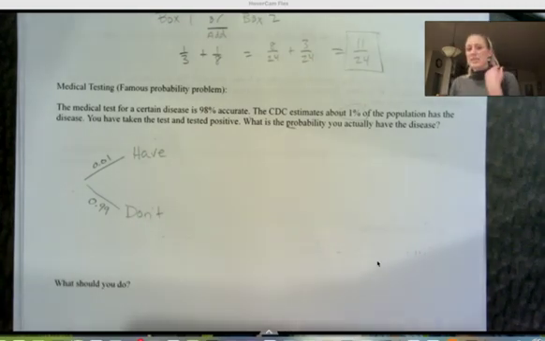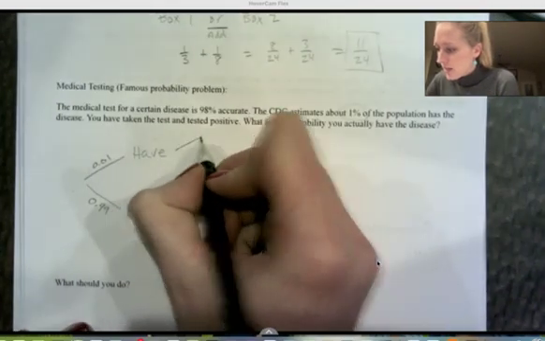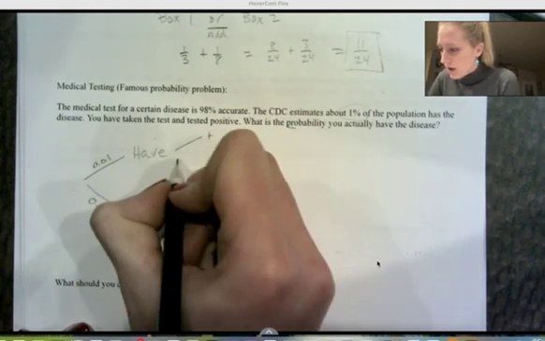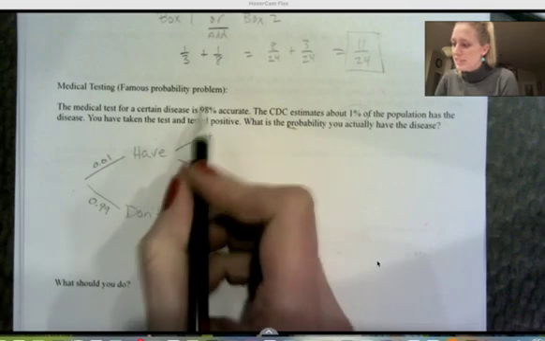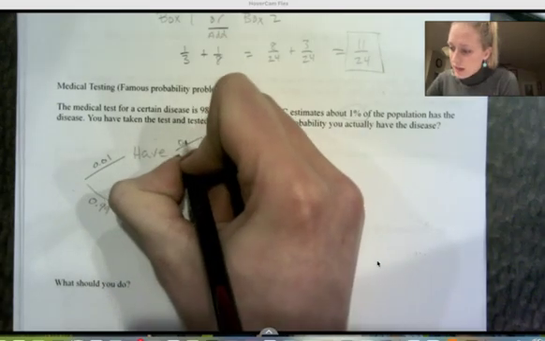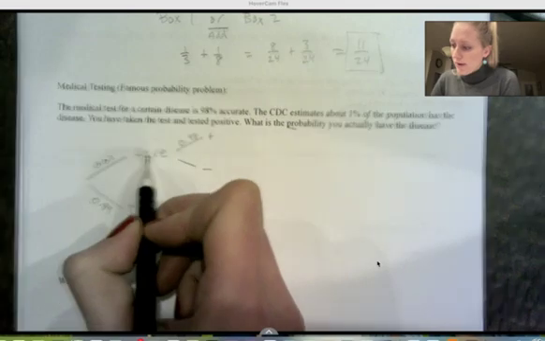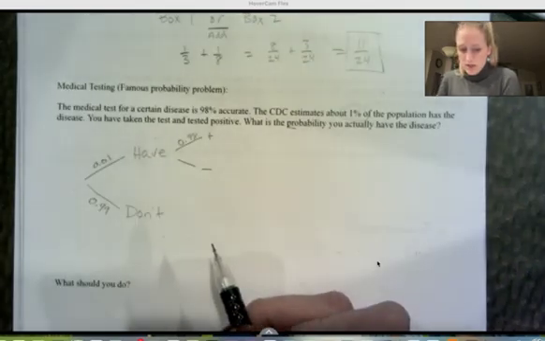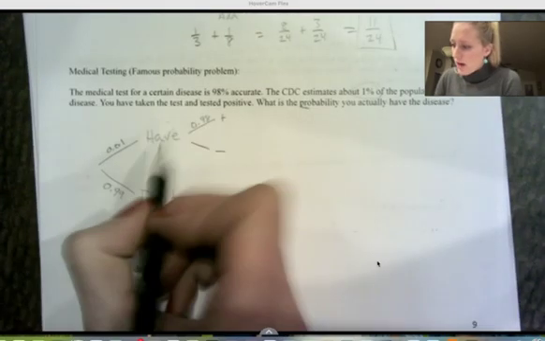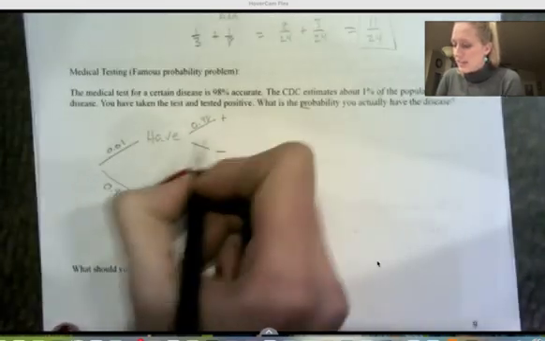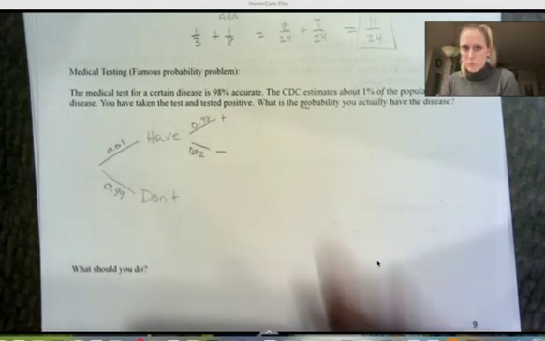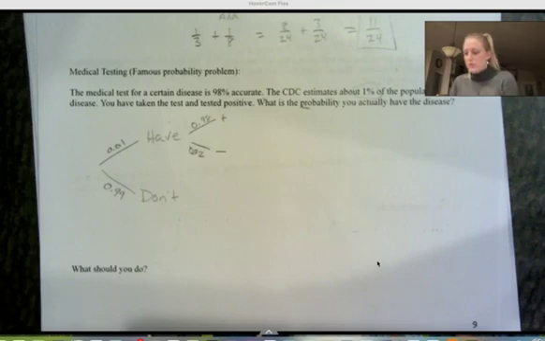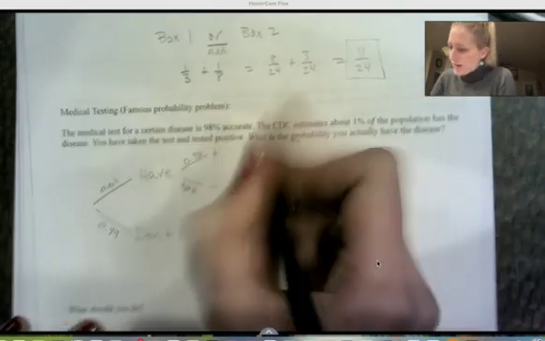Now, we have a test. So if you have it and you test positive, and you have it and test negative, those are our two options. Well, if this test is 98% accurate, then 98% of people who have it will test positive. Of the people who have it and test negative, there is that 2% that could be inaccurate, so 0.02. Again, I can calculate these.